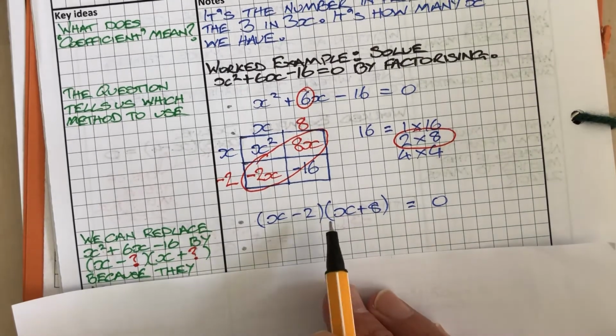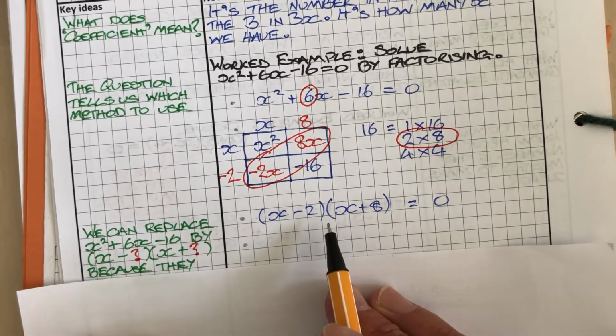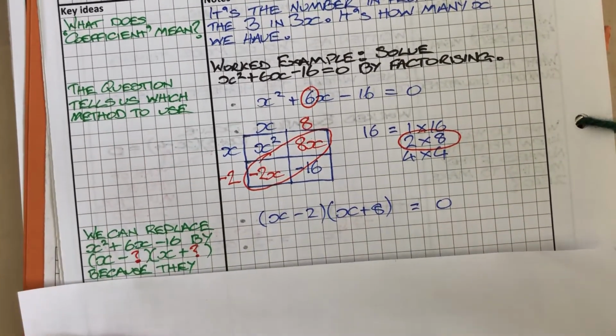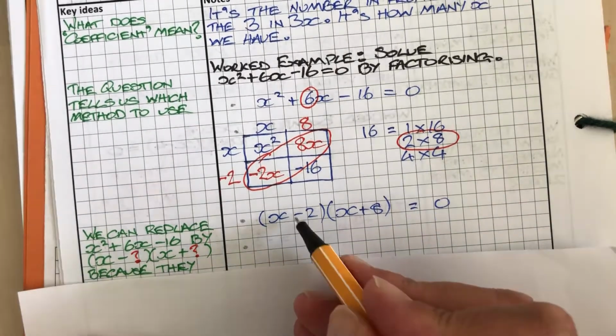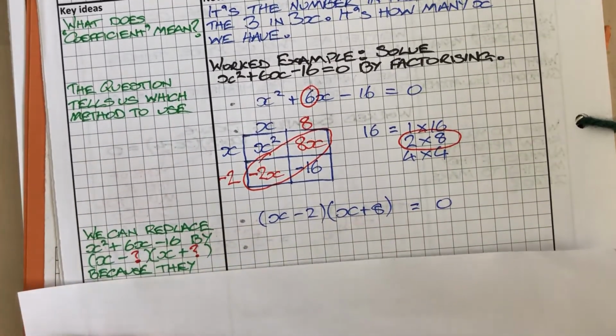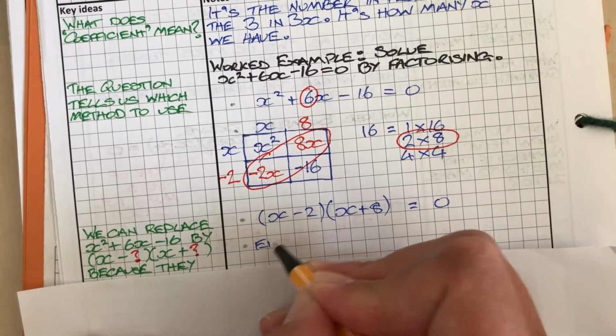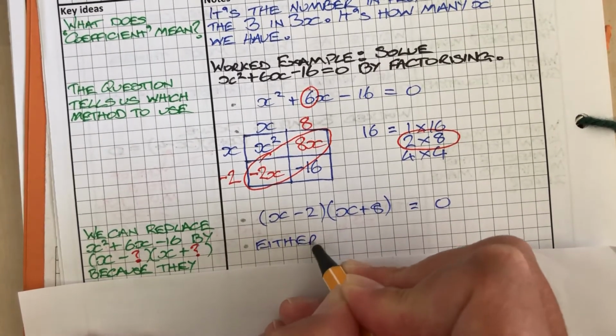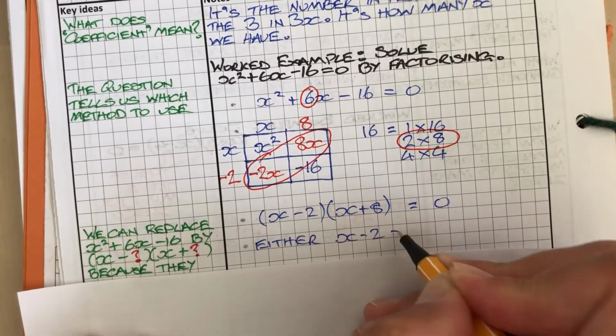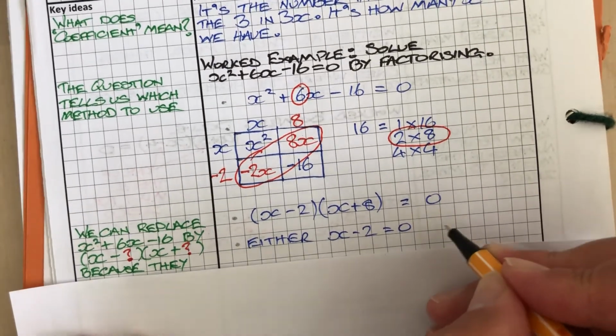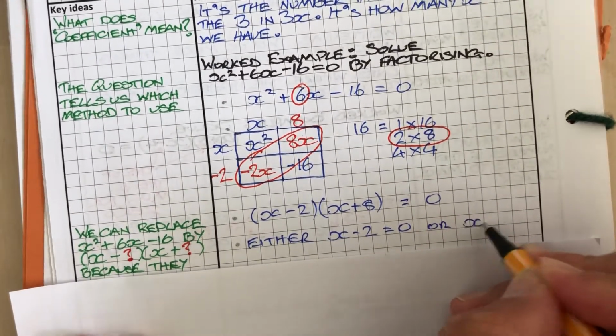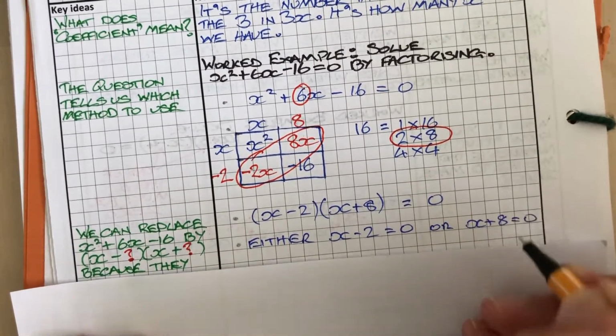And now I'm at the same position as I was at the start of the previous video. I've got two numbers that multiply together to make 0. So either the first number equals 0 or the second number equals 0.